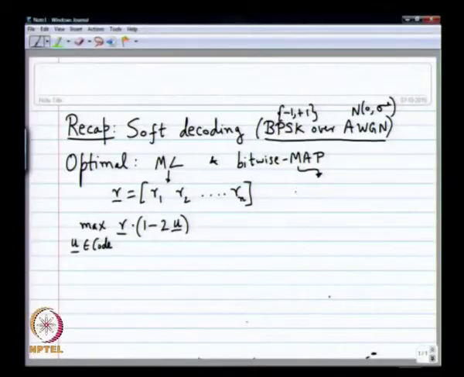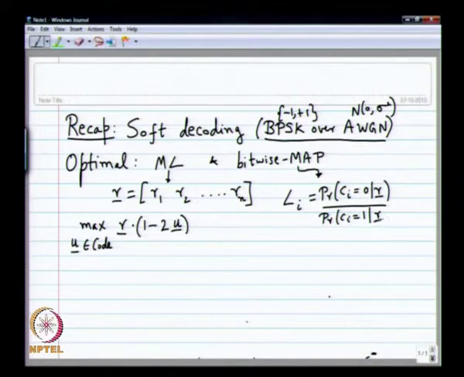I called it capital Li, right? The final probability that the bit is 0 given R divided by the probability that the bit is 1 given R. There is a way to convert this into likelihoods, because if you assume that your code is non-trivial in every location, you will get a very simple conversion into likelihoods, and if you do a lot of simplifications you can write it as Li.